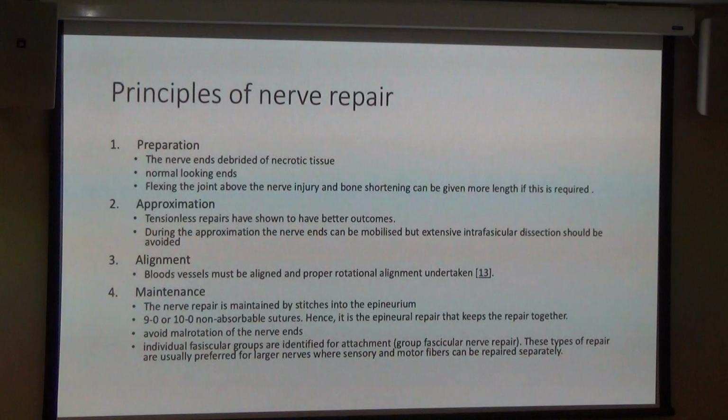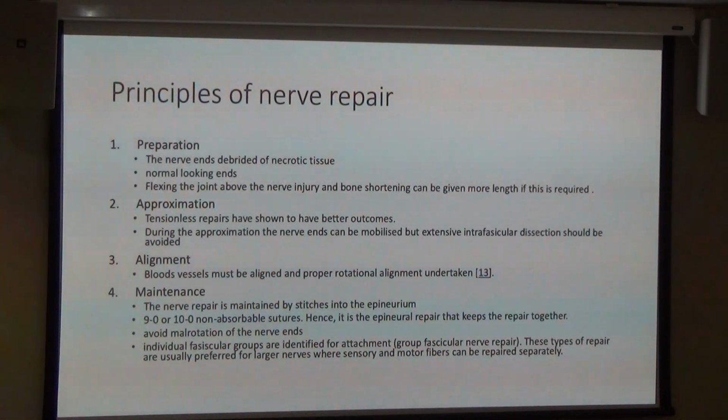That literally looks like lots of little mushrooms coming out from the end. You've got to clear those out. You've got to trim those down. So a clean blade, nice sharp dissection. You've got to cut them until you see normal ends, because they're regenerating, but without all the signals from the epineurium to keep things going in the right direction.